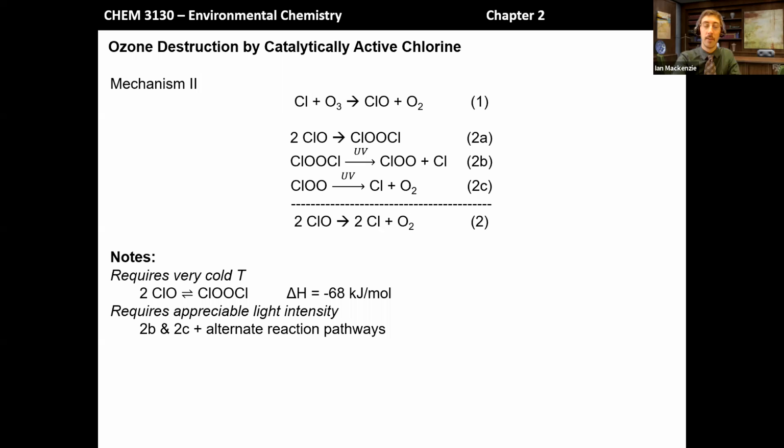And then the last thing to note is that 2A is actually the rate limiting step of this sequence and of the entire ozone destroying sequence.